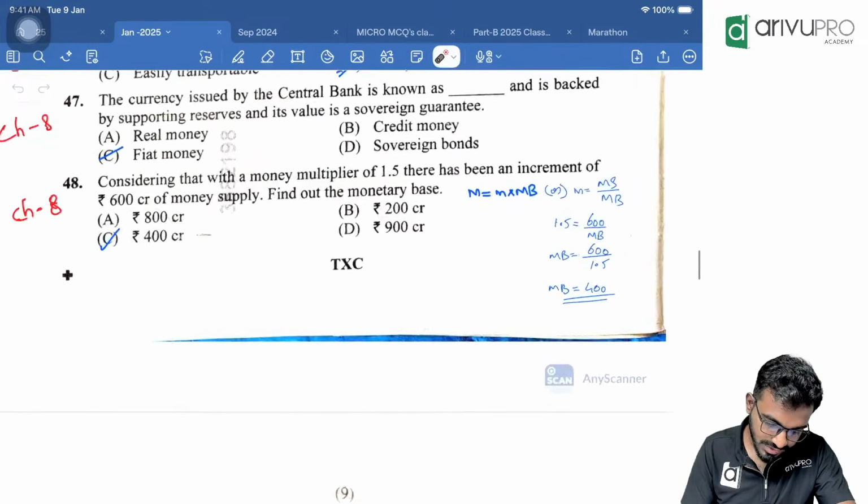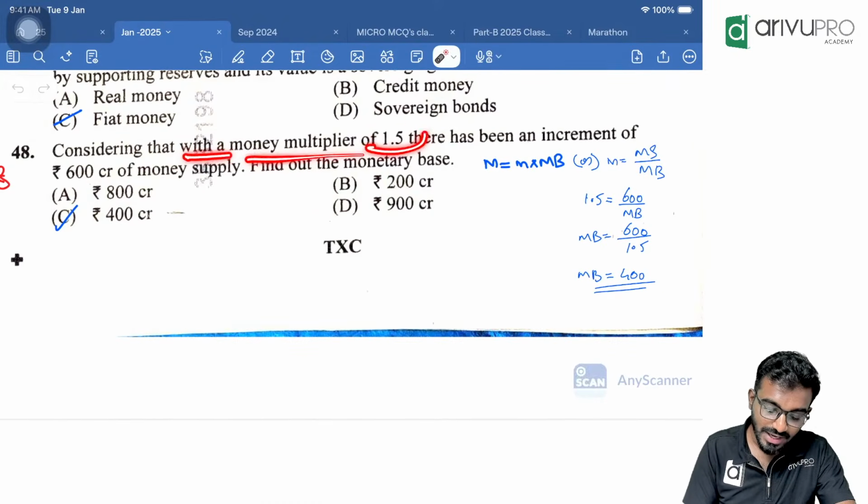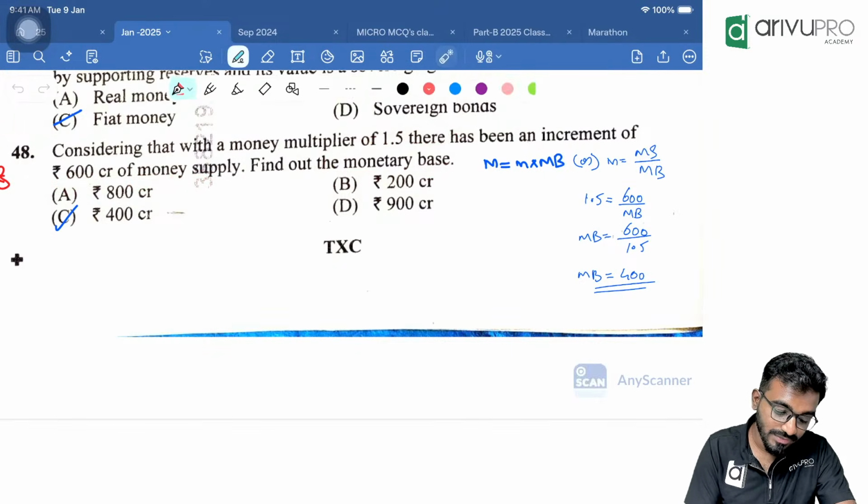Next, the Jan 25 attempt paper. Considering that the money multiplier is 1.5, there has been an increment of 600 crore in money supply. Find out the monetary base. They are asking us to identify MB here.